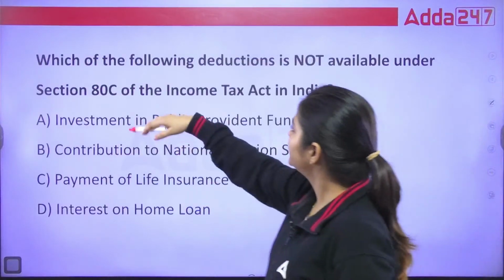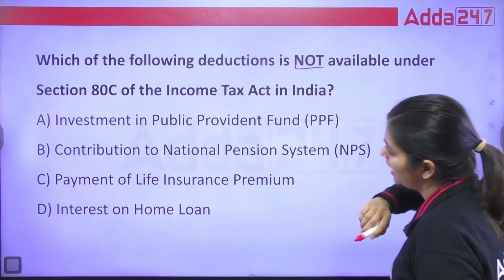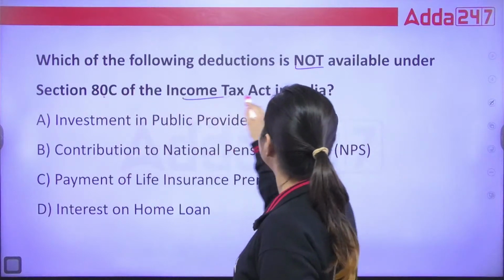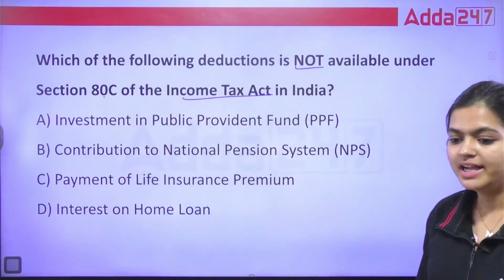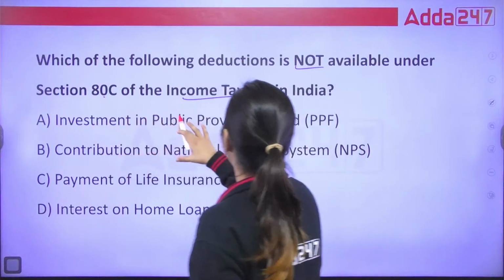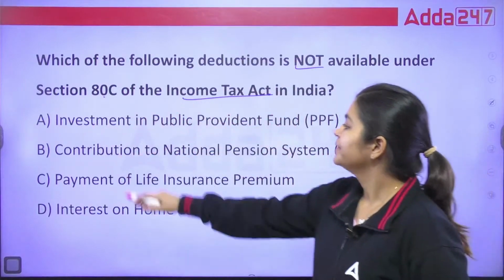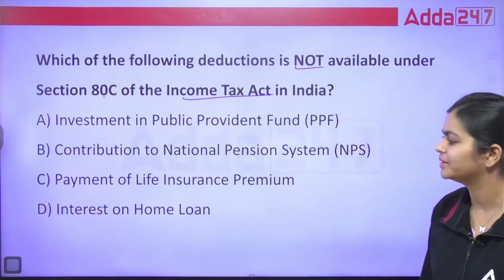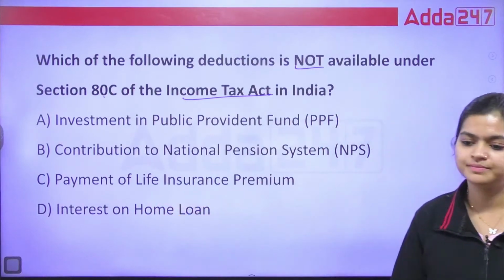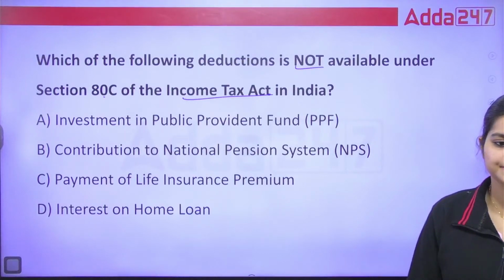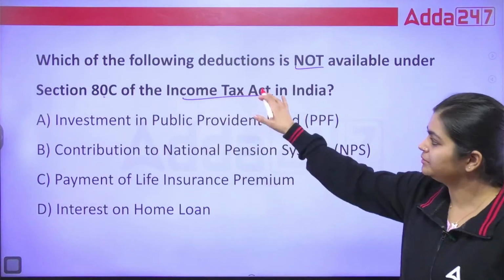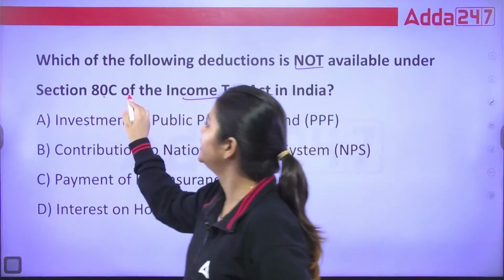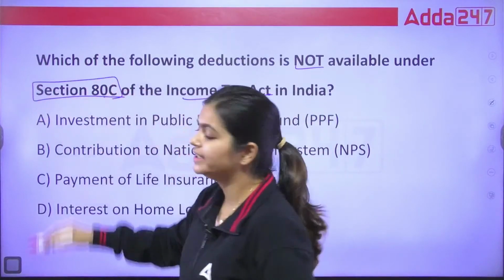Next, which of the following deductions is not available under Section 80C of the Income Tax Act in India? A. Investment in Public Provident Fund, that is PPF. B. Contribution to National Pension System. C. Payment of life insurance premium. D. Interest on home loan. Under income tax, we read so many deductions. One of the deductions is 80C.